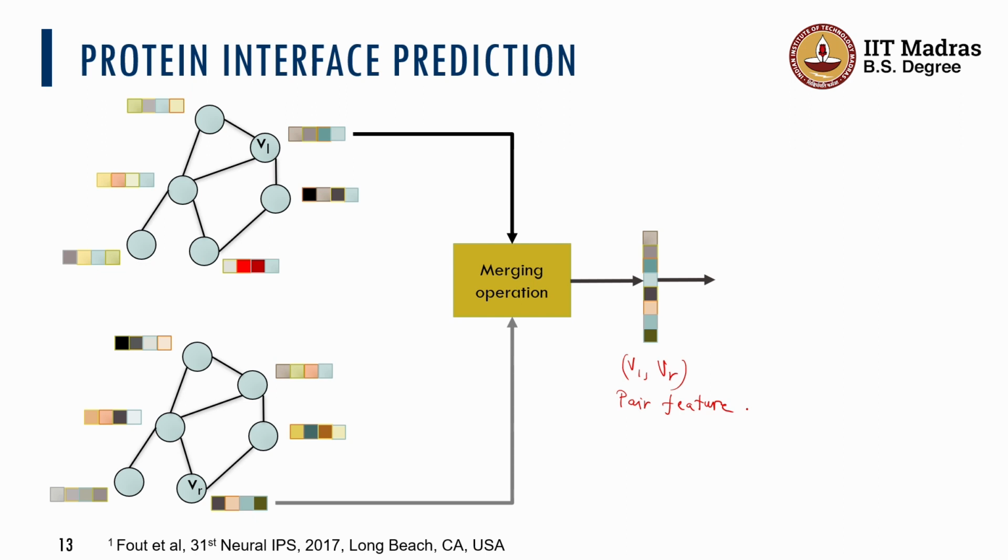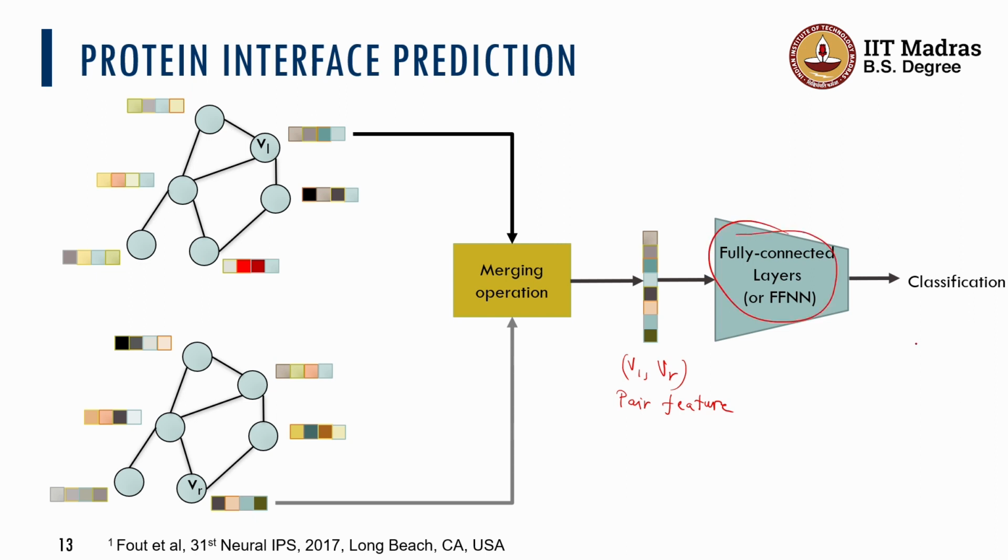Once I have these pair features, with available data, of course, I should have a protein interface prediction data set with labeled data where sets of amino acid residues are interacting in the proteins. Using that, I will generate a classification problem and train fully connected layers, or a full feed forward neural network, to perform the classification task.